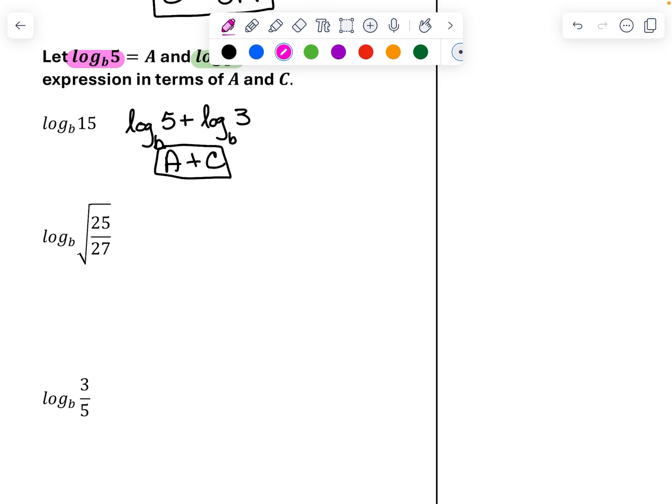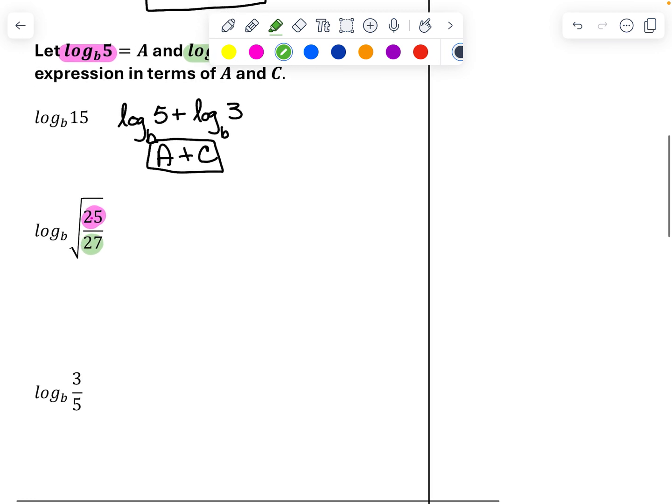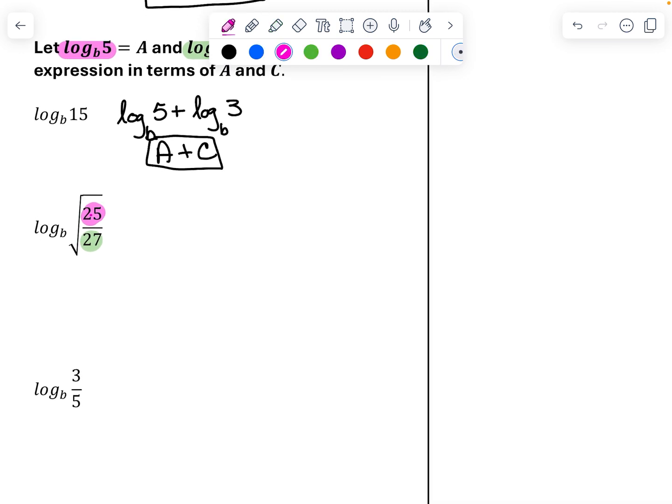Here again, I'm thinking that this could be 5 squared, and this could be 3 to the 3rd power, and the fraction bar means division, and the square root means a half. So I'm going to think in terms of log b of 5 squared to the 1/2.